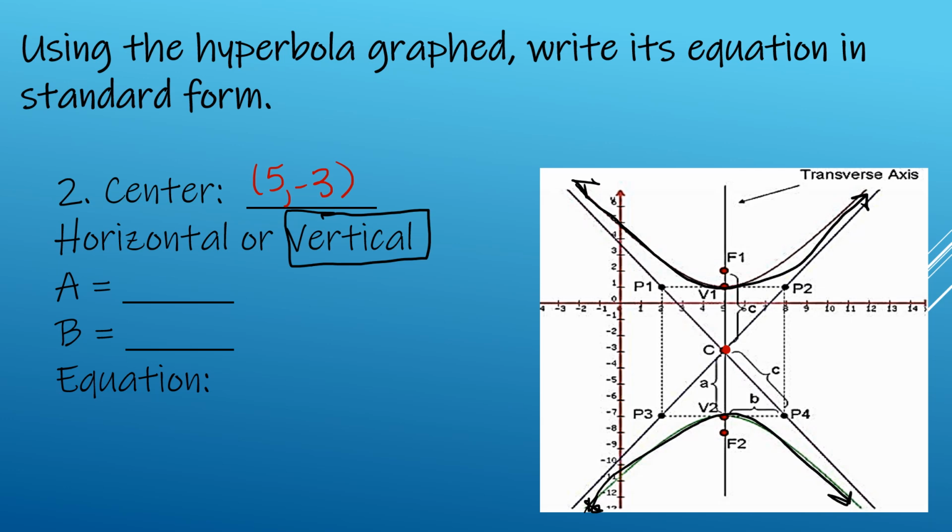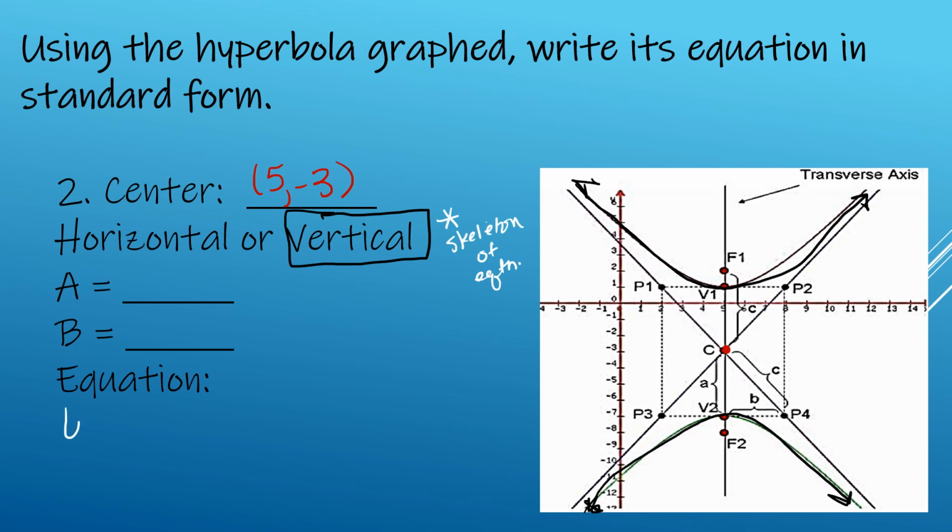So what I'd like you guys to do at this point is make yourself a skeleton of the equation. You know the center, you know the direction that it goes, so you can already start to fill a few things in.